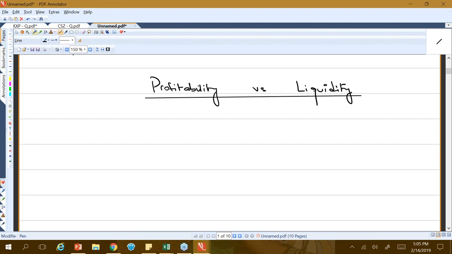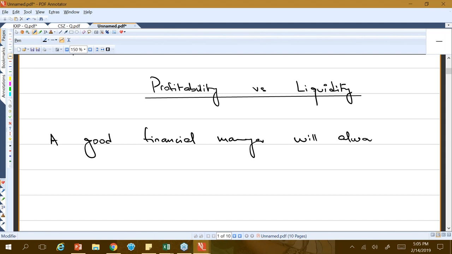Now, a good financial manager will always aim to balance liquidity and profitability.